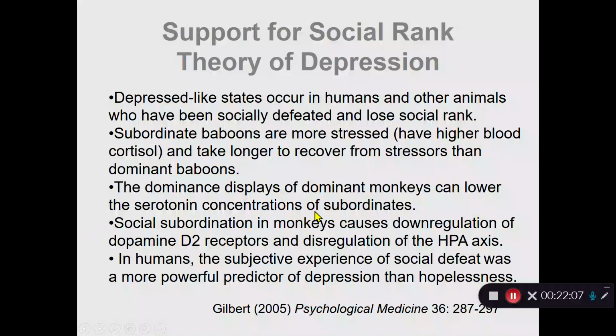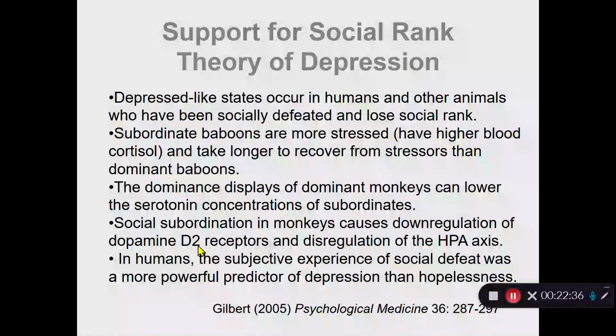Social subordination in monkeys causes downregulation of dopamine D2 receptors and dysregulation of the HPA axis. Yep, that's similar to this one. And that cortisol goes up, dysregulation of the HPA axis makes cortisol go up. But downregulation of D2 receptors, dopamine receptors, makes you less responsive to dopamine. Remember, key pleasure interaction is ventral tegmental area secreting dopamine into nucleus accumbens, mostly onto D2 dopamine receptors.